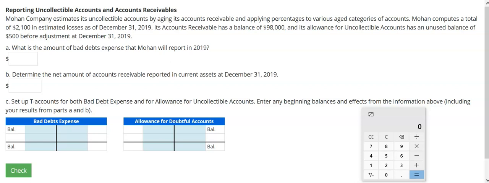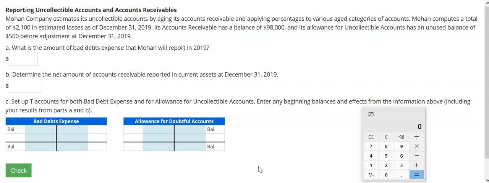Well, let's take a look at this little exercise that we have on reporting uncollectible accounts with regard to our accounts receivable. Anytime we make a credit sale, it is unlikely that we are going to receive 100% of that amount in the aggregate.